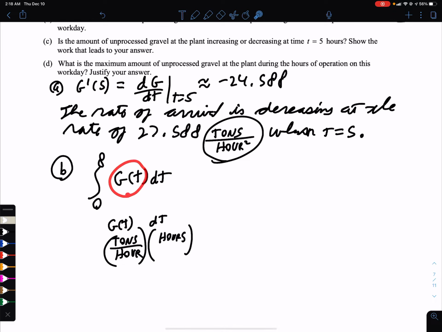This is a rate of arrival times the amount of time. So how fast gravel's arriving times the time that's arriving gives you the amount of gravel that's arrived. Let your head get wrapped around that. If you integrate a rate of arrival, it tells you how much has arrived.